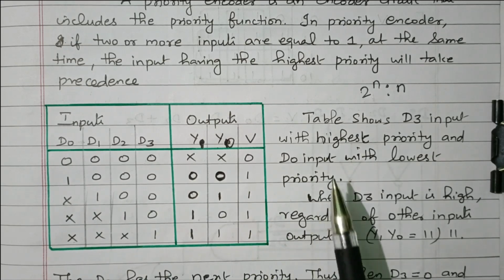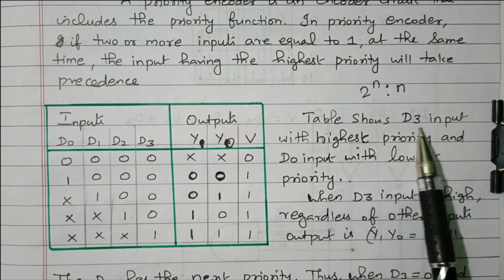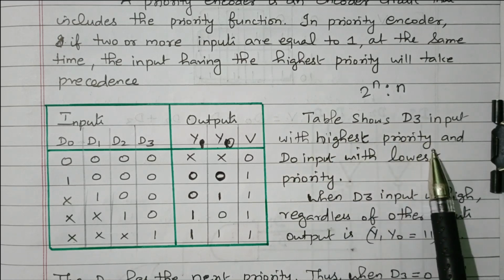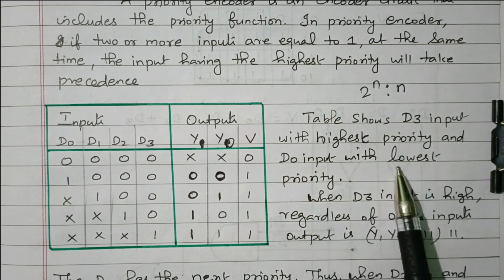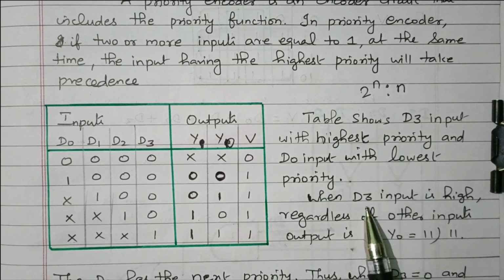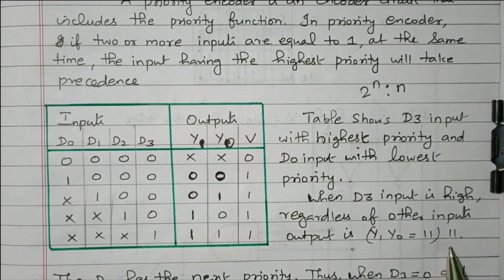Now we'll see the description. The table shows D3 input with highest priority and D0 input with lowest priority. When D3's input is high, regardless of the other inputs, the output will be 1, 1. If D3 is 1, we will not bother about the other remaining terms, we will get the output as 1, 1.